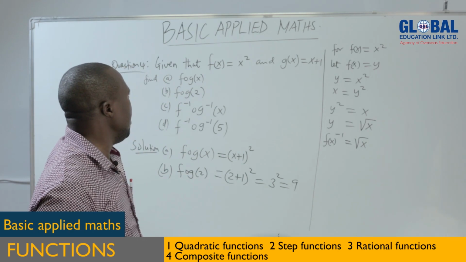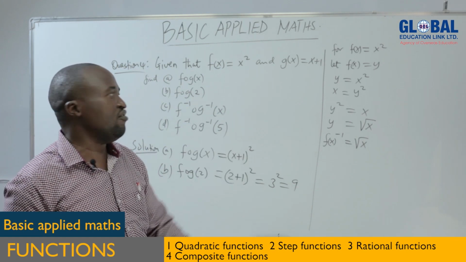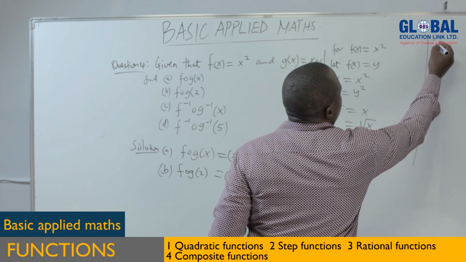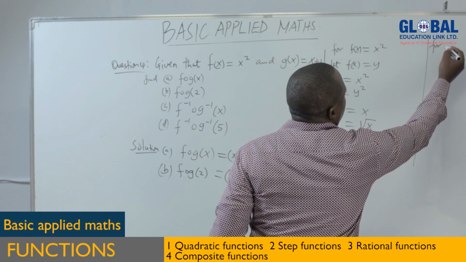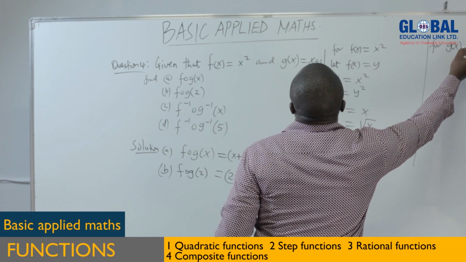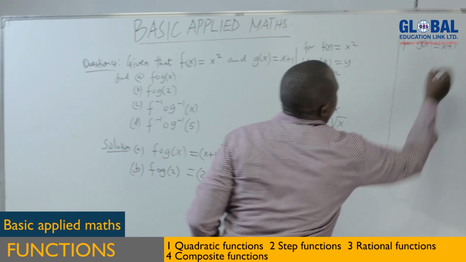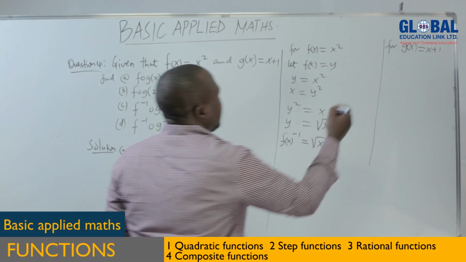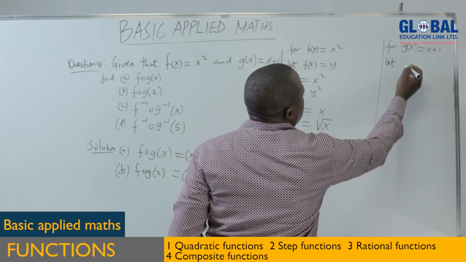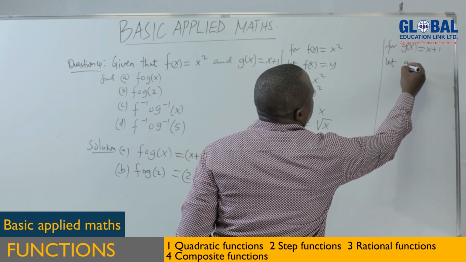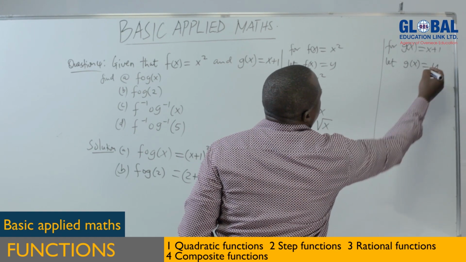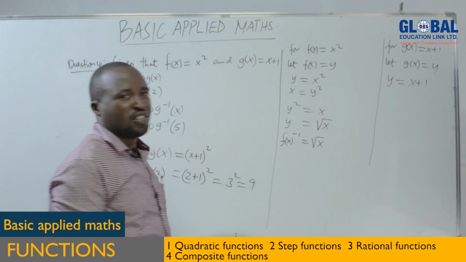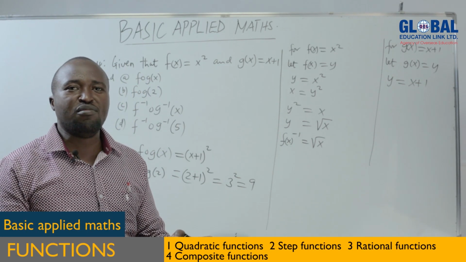Now let us proceed with g inverse of x. Remember, this time we have g of x, which is equal to x plus 1. We follow the same procedure. We let g of x equal to y. That means y is equal to x plus 1. Again we exchange variables.